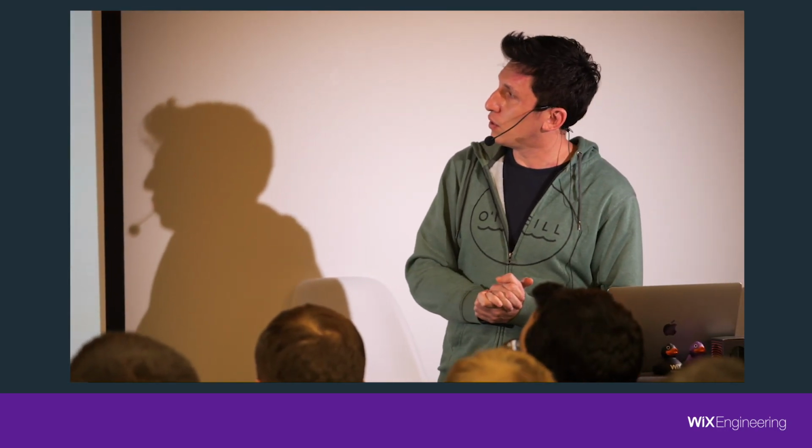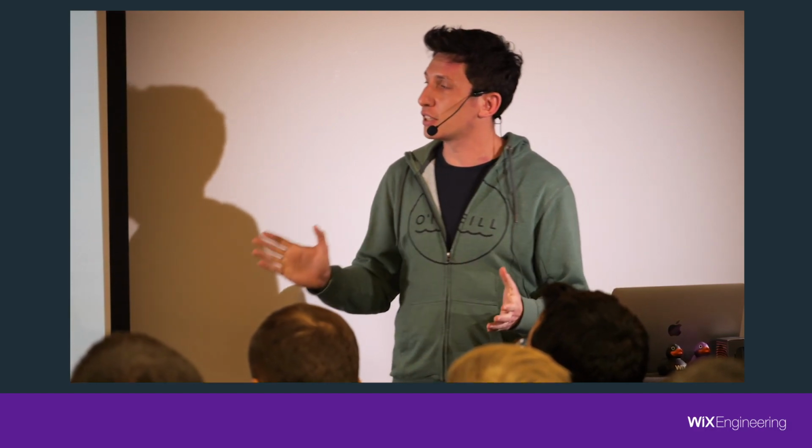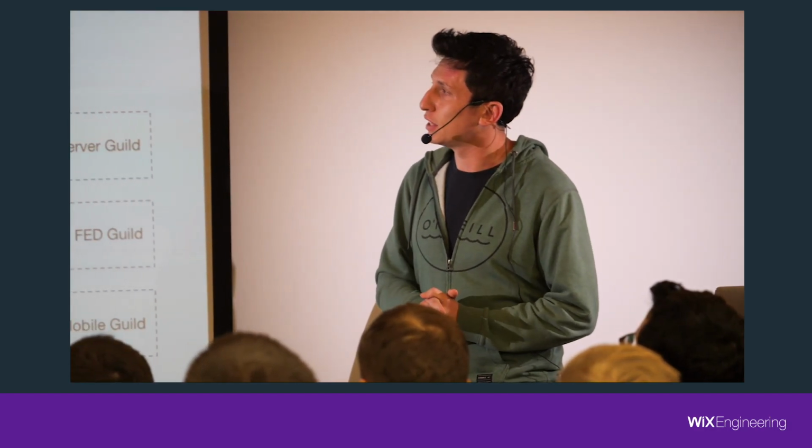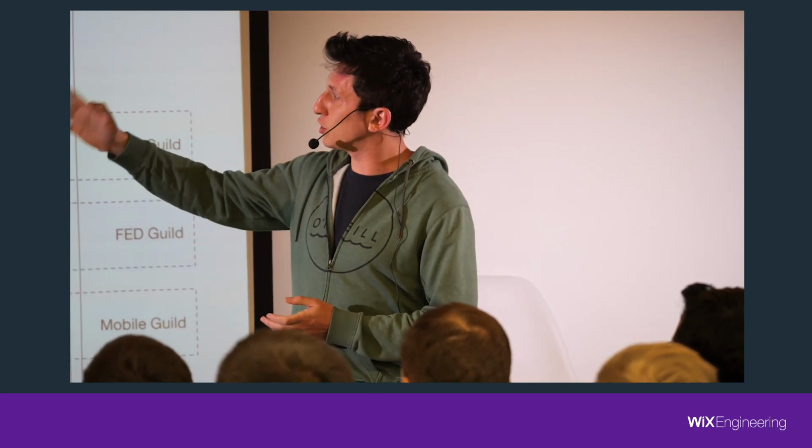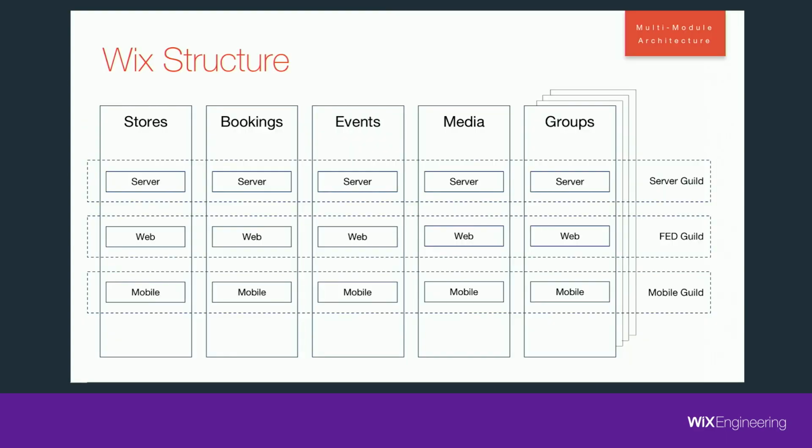So Wix as a company is already split into some sub-companies, like stores, booking, events, media. And each sub-company is focusing on features related to some product. For example, stores works only on features related to online stores, for example, catalogs, cart, payments, stuff that online stores need.